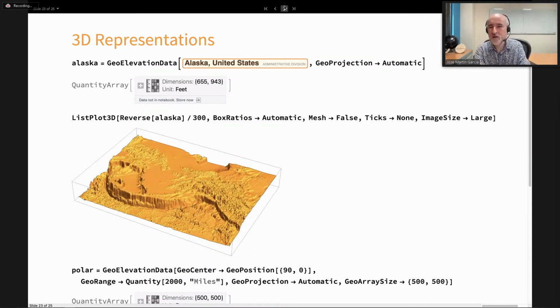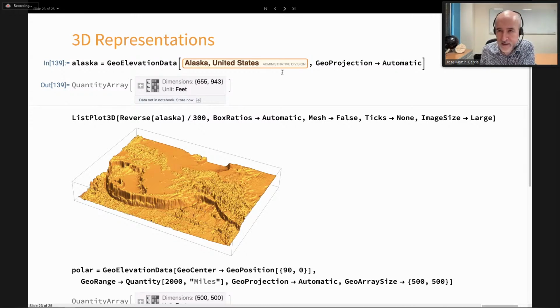We don't have geo-specific functions to do 3D visualization yet. We will have them in the future, but we can, of course, produce our own 3D visualizations by using the standard Wolfram language functions for 3D visualization. So for example, let's take geo-elevation data for Alaska, choosing an appropriate projection.